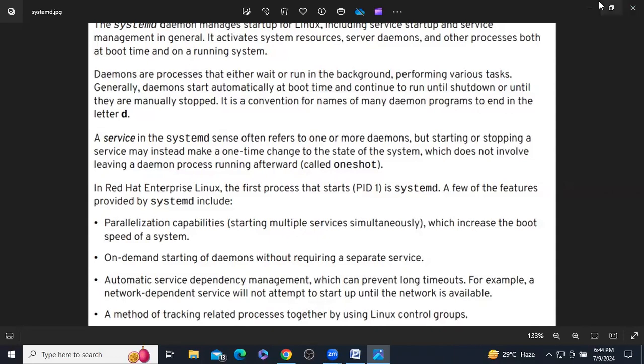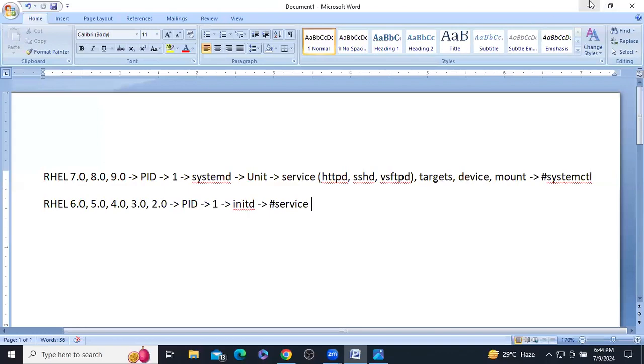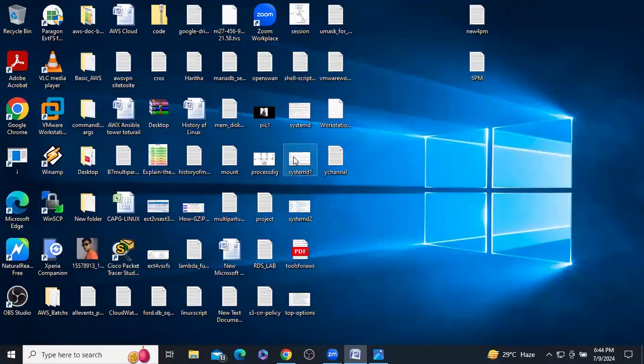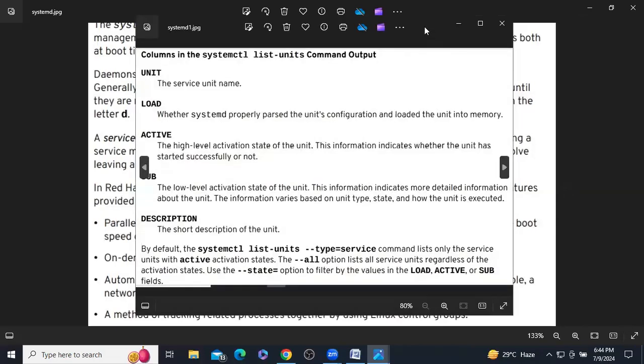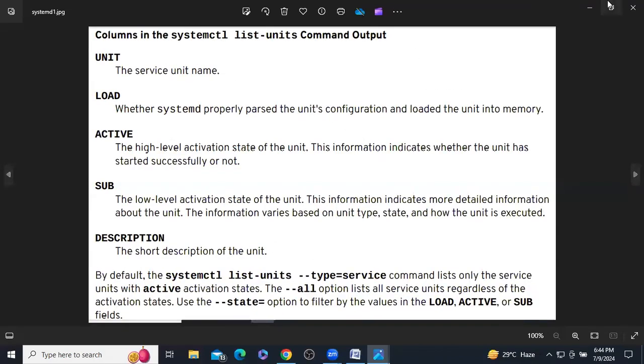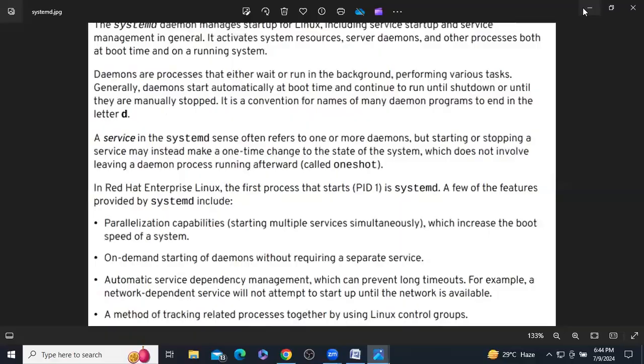See, guys, we need the operating system. I'm going to start the operating system now.